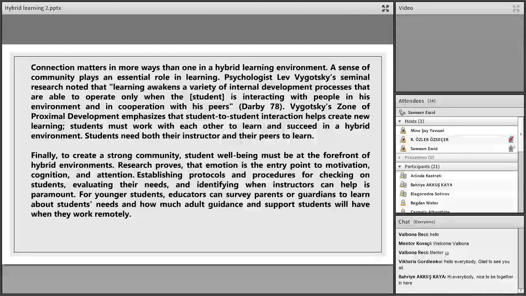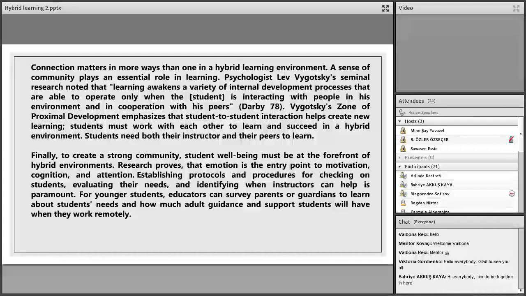Finally, to create a strong community, student well-being must be at the forefront of hybrid environments. Research proves that emotion is the entry point to motivation, cognition, and attention. And here I refer again to Vygotsky's zone of proximal development.